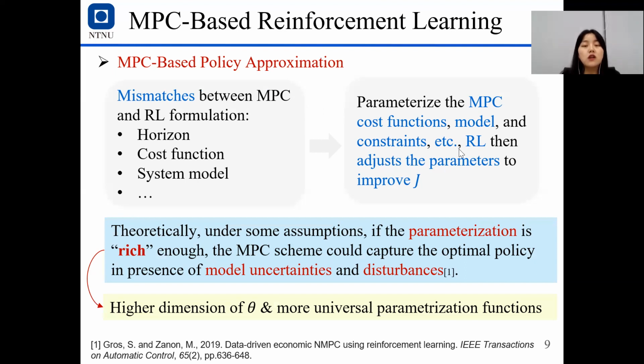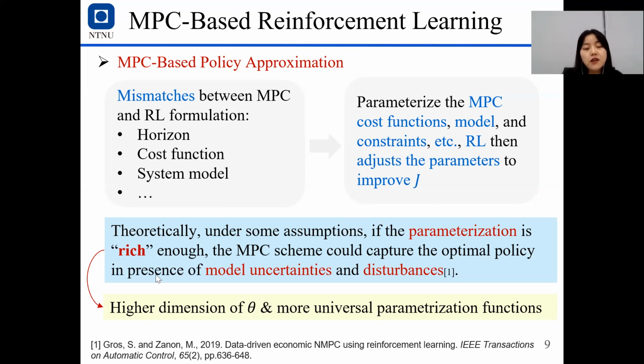And then RL adjusts these parameters theta according to the principle of improving the performance function J. And theoretically, under some assumptions, if the parameterization is rich enough, the MPC scheme could capture the optimal policy in the presence of model uncertainties and disturbances, including the stochastics. And this theory has been mathematically proved in this paper, and if you are interested, you can take a look.